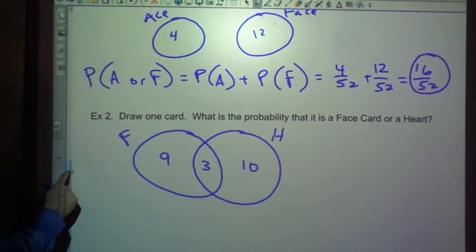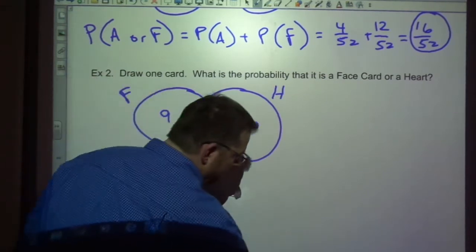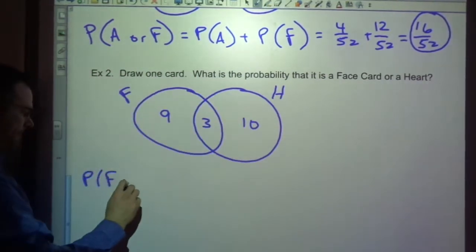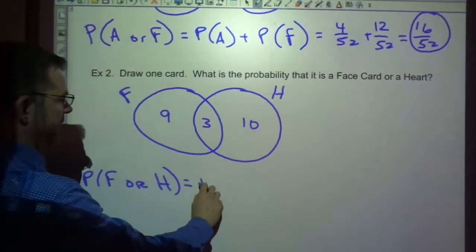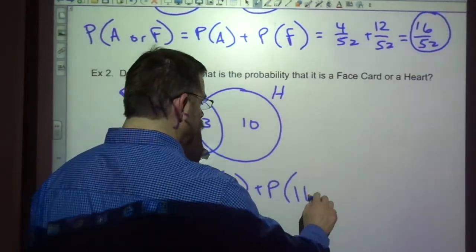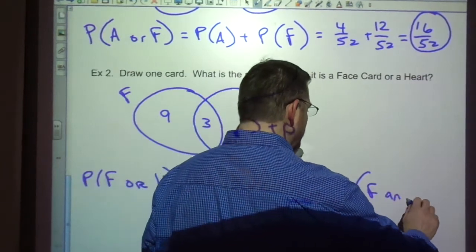So now to find the probability of A or B, probability of face card or heart, we need to find the probability of the face card plus the probability of being a heart minus the overlap, the ones that are face cards and hearts.